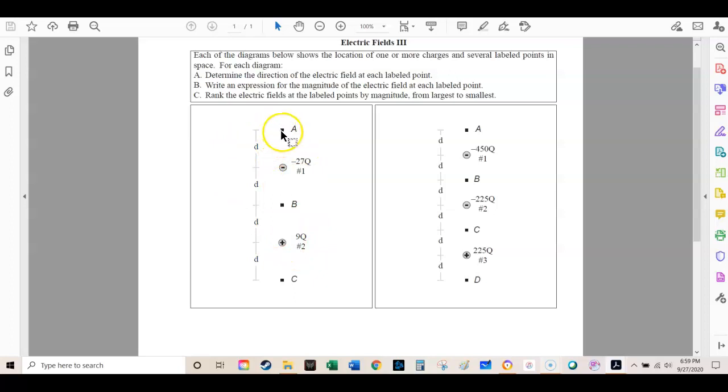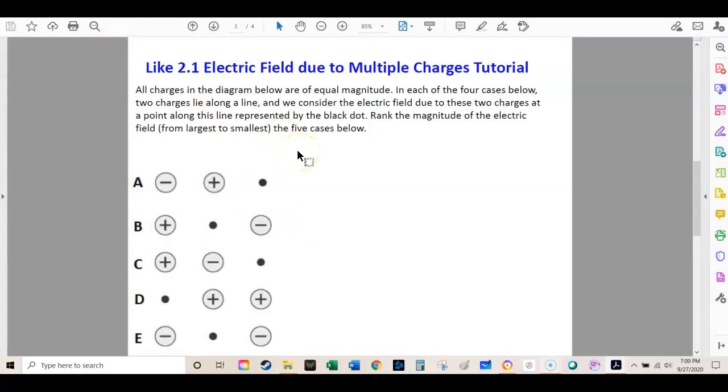You would calculate the electric field at point A due to negative 27Q, which is a D away, and then add that to the electric field at A due to this positive 9Q, which is 1, 2, 3 Ds away. We're going to do a similar thing, except in the horizontal direction, and we're going to do it 5 ways, A, B, C, and D.